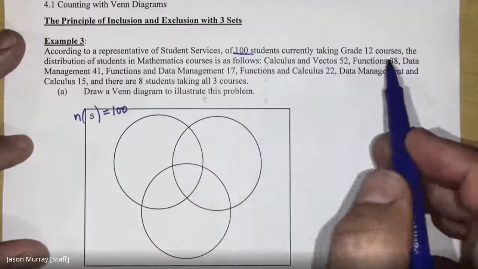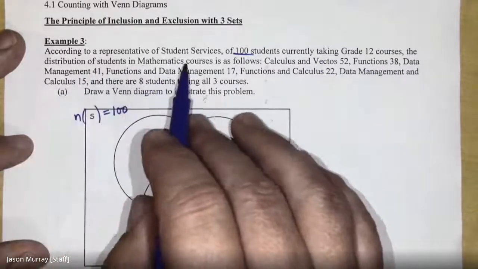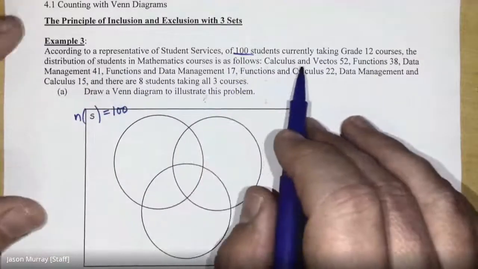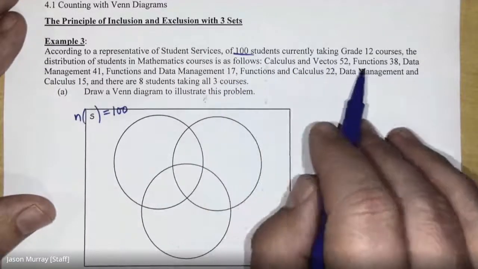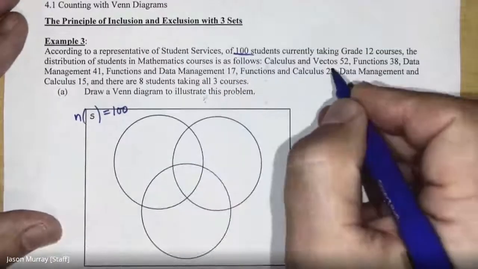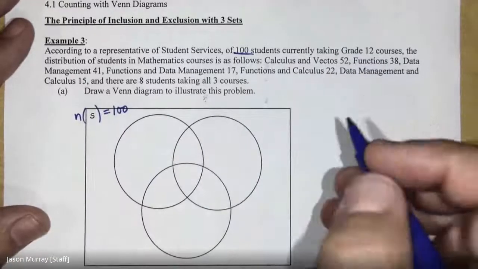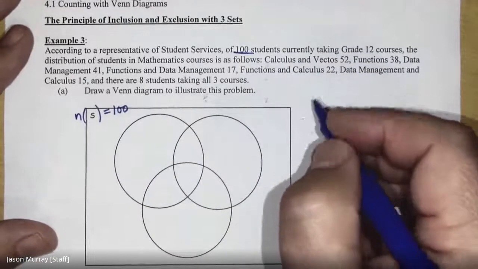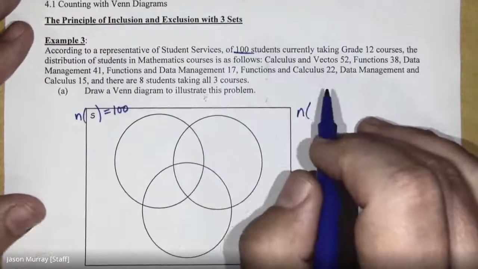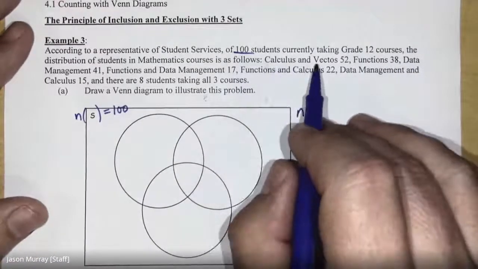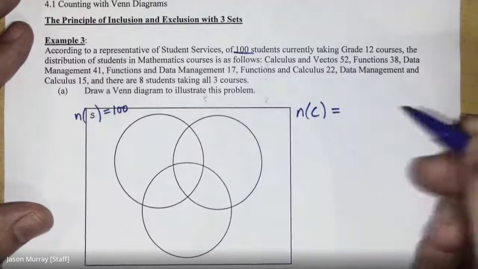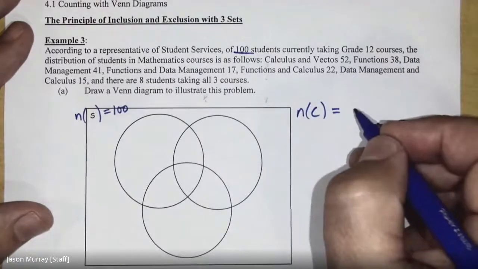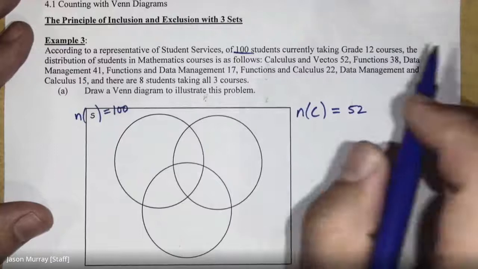Out of those 100 students, the distribution of students in math courses is as follows. There's a lot of information given here, but I don't like the way it's given, so I'm going to rewrite it using set notation down here. Calculus and vectors, let's call that set C. The number in calculus is equal to 52.